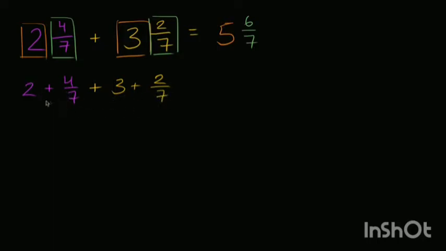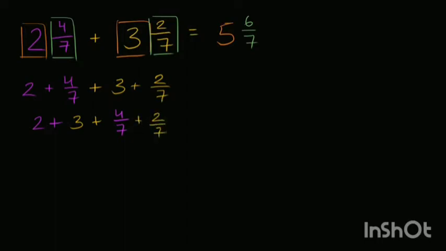And you could swap the order in how this happens. So you could just switch the order and say this is going to be 2 plus 3 plus 4/7 plus 2/7.